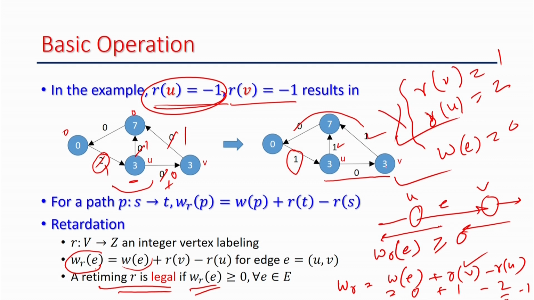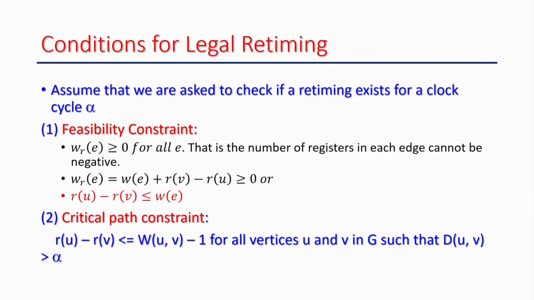So, we should have some constraint on this variable, because any kind of value is not a solution, right, because some solutions are illegal for a digital circuit. So, we have to add a set of constraints which is called the feasibility constraint. Okay. The feasibility constraint says that the number of registers for each edge cannot be negative, right.